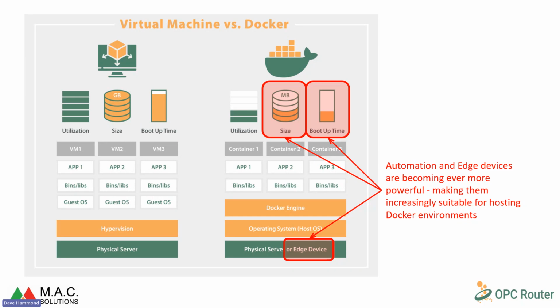So we're starting to see more and more of this virtualization, a lightweight Docker method, being able to run on lighter hardware, and as the hardware from the automation devices gets more powerful, they're sort of meeting in the middle, so you'll start to see more of these things coming through on PLCs. You've already started to see Docker on top of CODESYS, for instance. So these worlds are starting to merge.